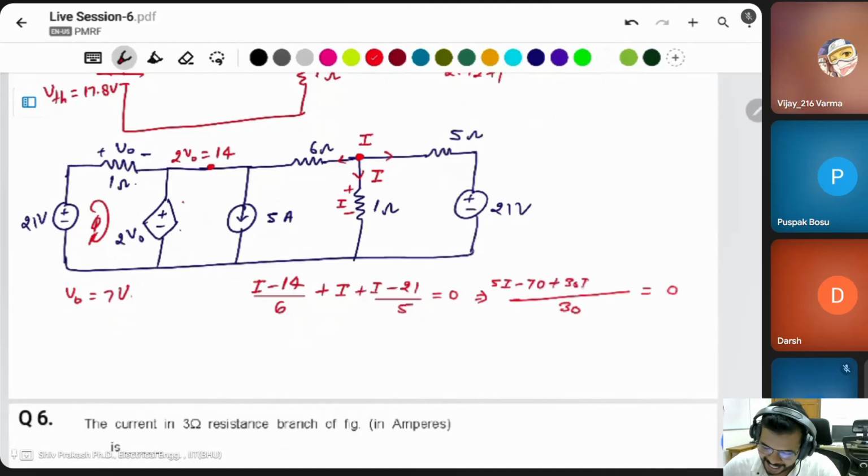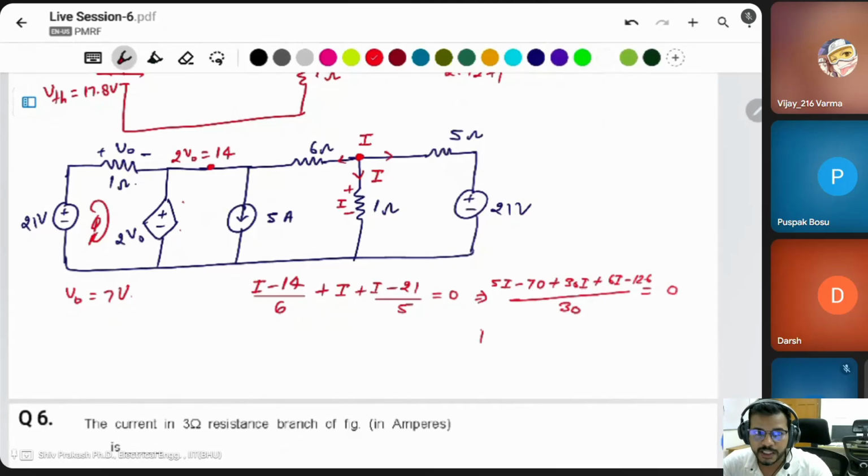Okay. If you want to find the Thevenin equivalent, then simply use the VI method. You will get the final Thevenin resistance and voltage together. Okay.